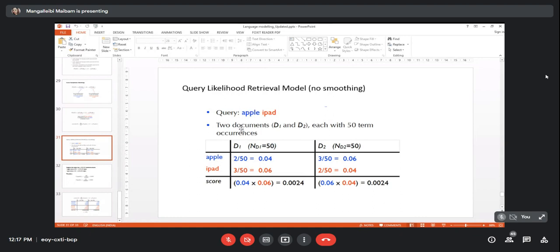Let us find, if Apple occurs two times in the document. So we are considering that Apple occurs two times in document D1. So 2 divided by 50, it is 0.04. Similarly, in document D2, if we consider Apple occurs 3 times, then 3 divided by 50.